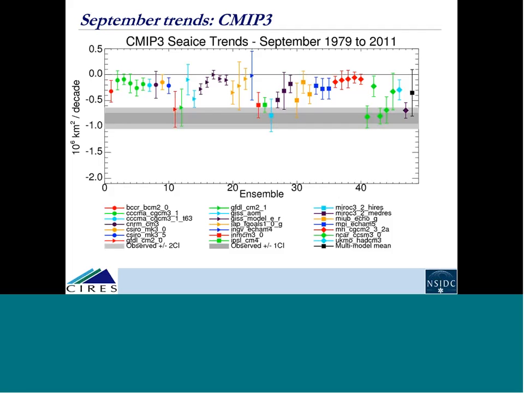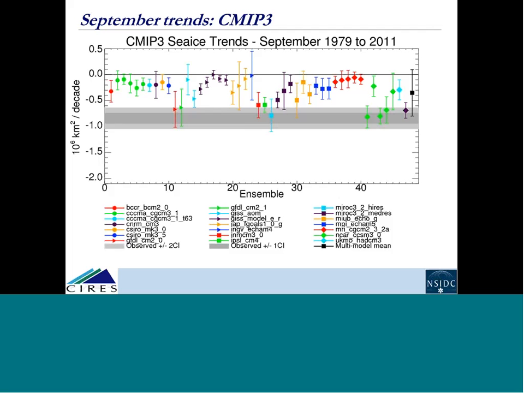So where we see a bar overlapping with the observed confidence intervals, there's no significant difference between the observation and model trend. And when we see those bars overlapping with the zero trend line, then the trend is not significantly different from zero. Most of the symbols are well above the observed trend.